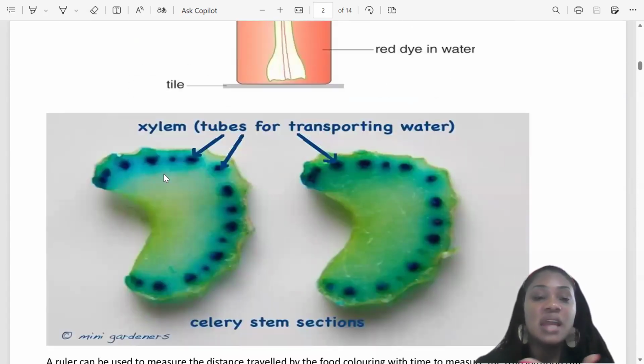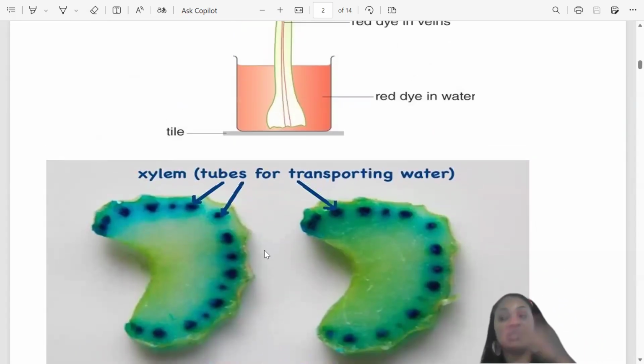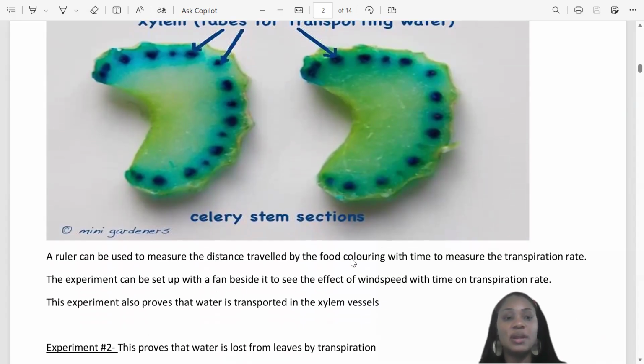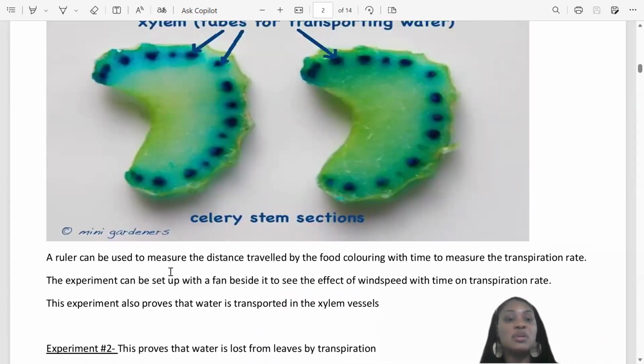If you cut the celery across, you would notice that there are specific tubes that got colored. Notice there's no color in the center. This shows you exactly where the xylem vessels are found in the stem. A ruler can be used to measure the distance traveled by the dye over time, and that tells you the rate of transpiration.